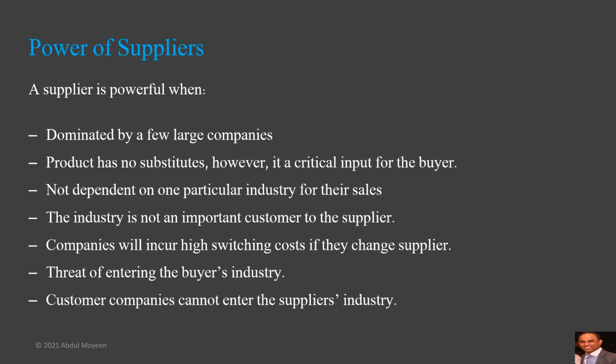The powerful suppliers are considered as a threat. Now, suppliers are powerful when the supplier segment of the industry is dominated by a few large companies and is more consolidated than the industry to which it sells. When satisfactory substitute products are not available to the industry firms.